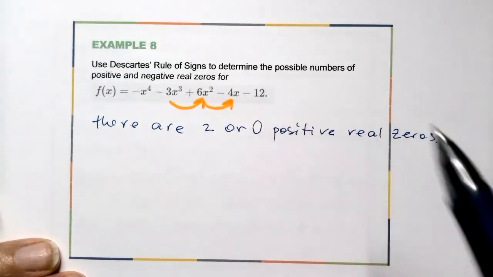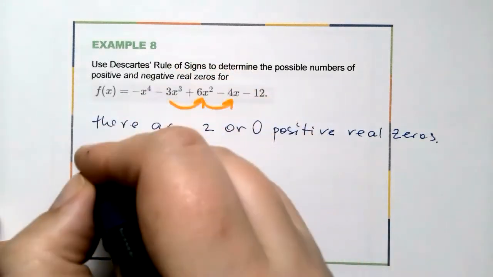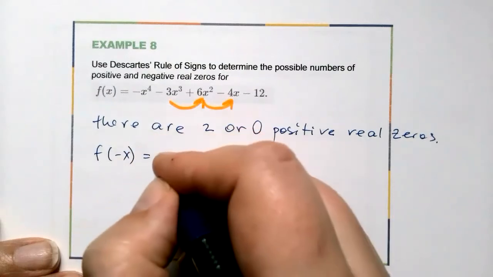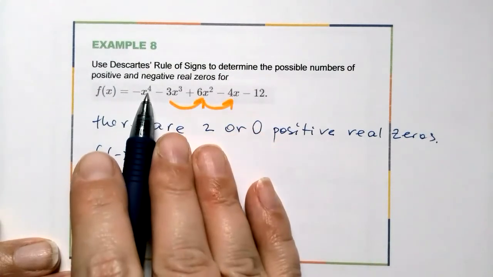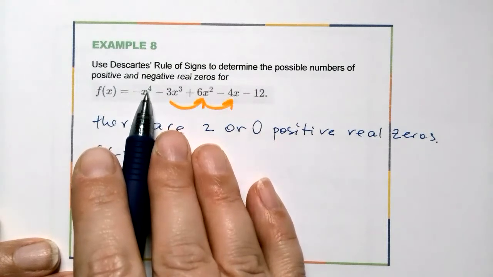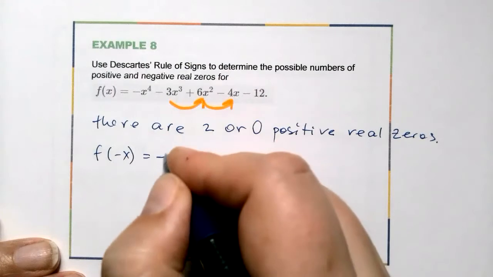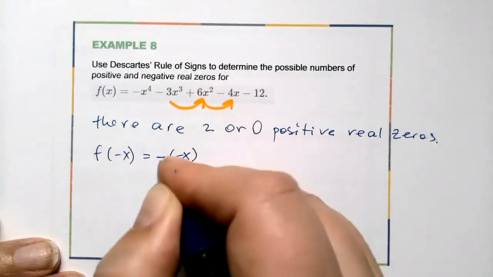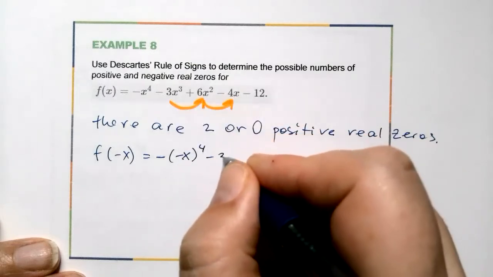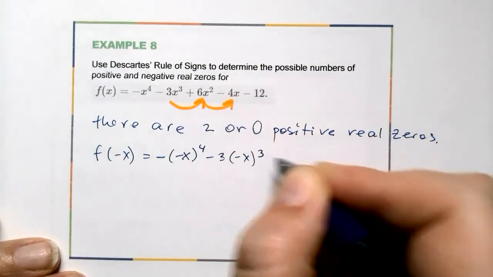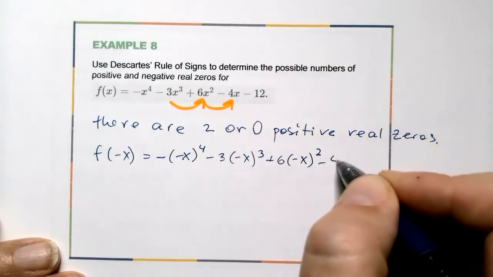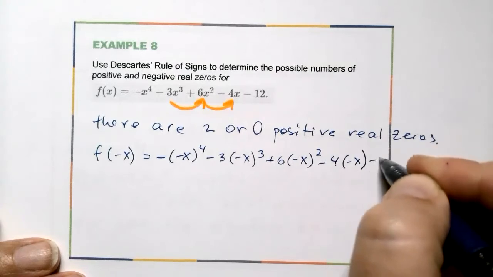Okay, now to determine the number of negative real zeros, we substitute x with a negative x. Now notice that this negative is not under the fourth power, so it stays outside. When we substitute our x with a negative x, this negative stays outside, it is not affected. So we have negative 3 times negative x cubed plus 6 times negative x squared minus 4 times negative x minus 12.